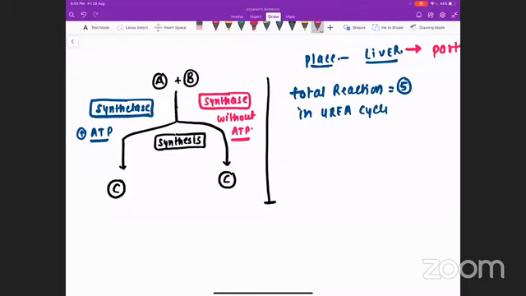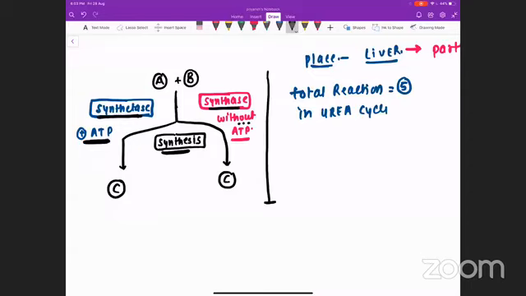So what is the difference between synthetase and synthase? Synthetase is used when energy is required; whenever you do synthesis without using any ATP, the enzyme is synthase.